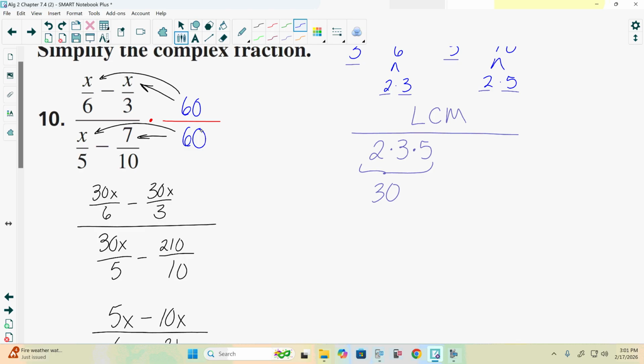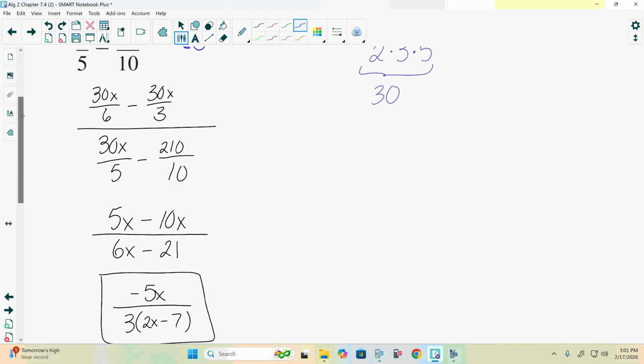We multiplied 30 by 2. We have an extra factor 2. 60 is a common multiple of 3, 6, 5, and 10. It's just not the least common multiple. Now what that's going to do, instead of 30x on top in the 2 spots, we're going to have 60. Instead of this being 30x, it's going to be 60x.